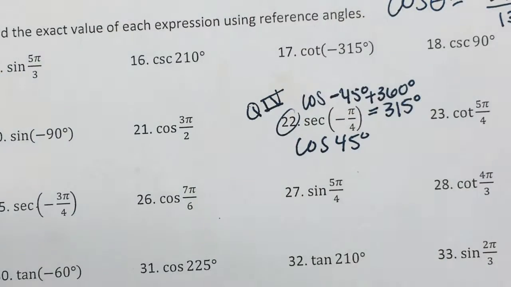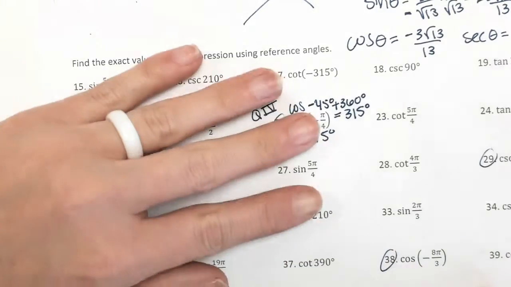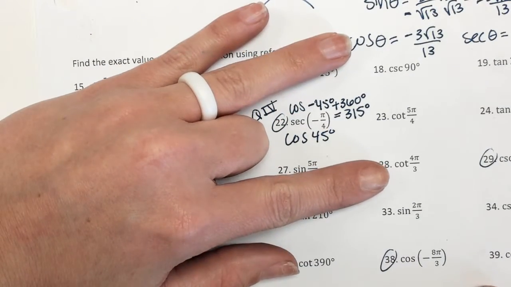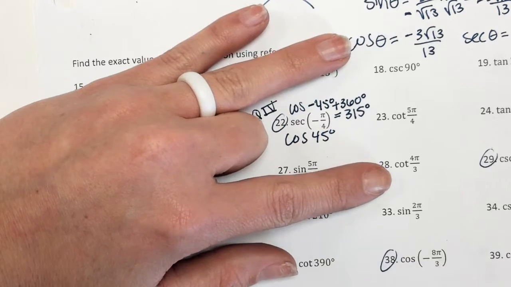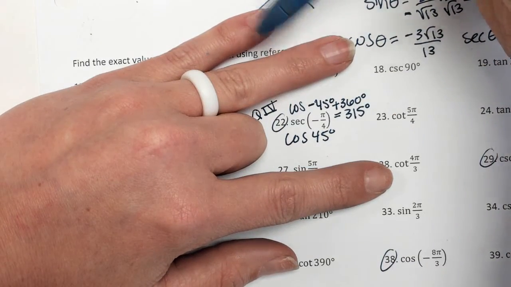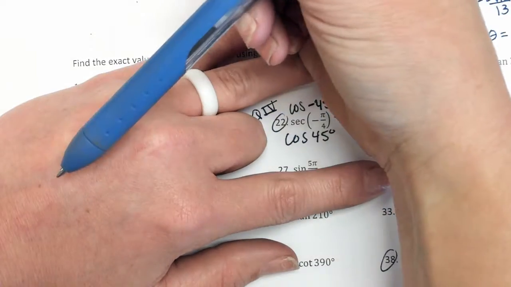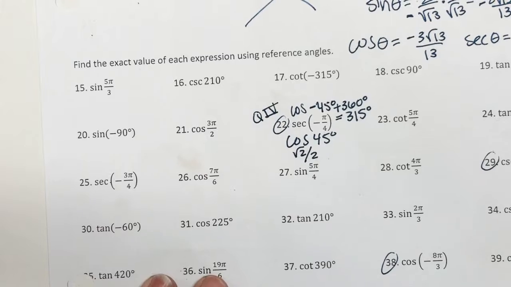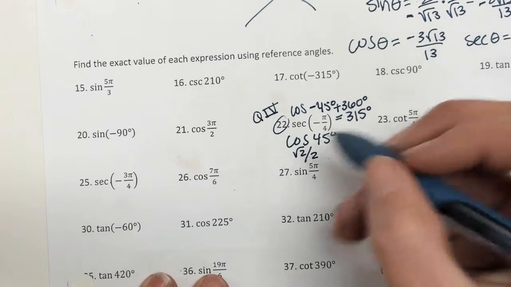Alright, hand trick. Which finger is 45? Okay. Which side is cosine? The left side, which in this case it doesn't really matter. You take the what of these two fingers? So square root of over. Good. Square root of 2 over 2. And this was in quad 4, so is cosine positive or negative in quad 4? Positive.